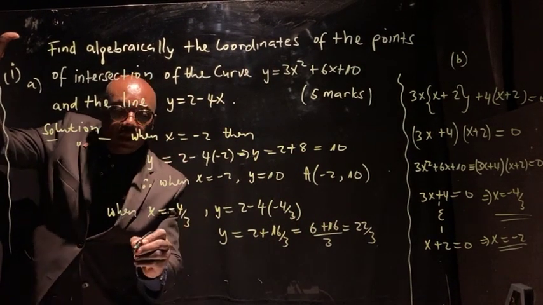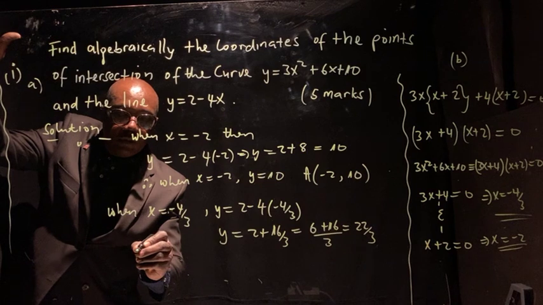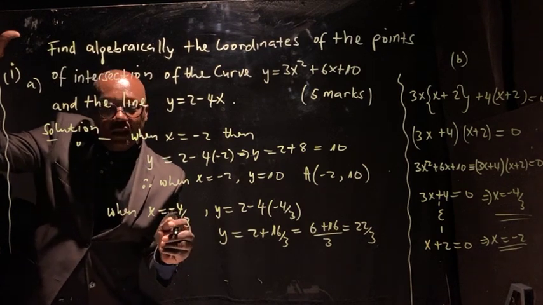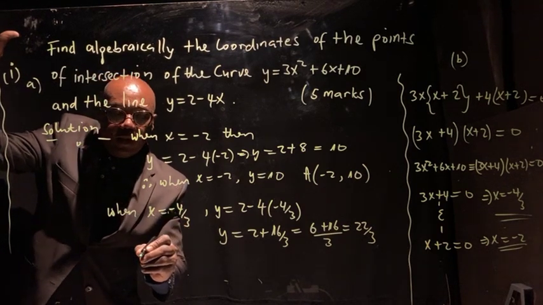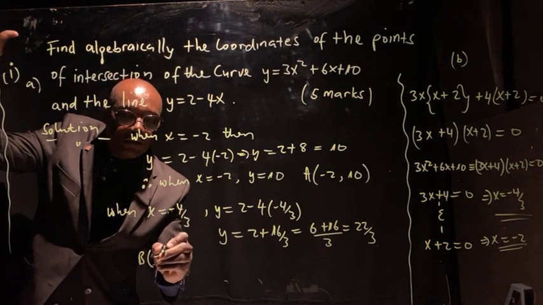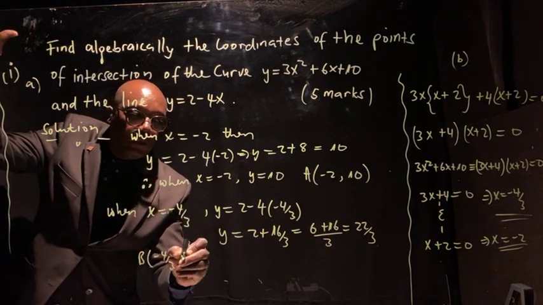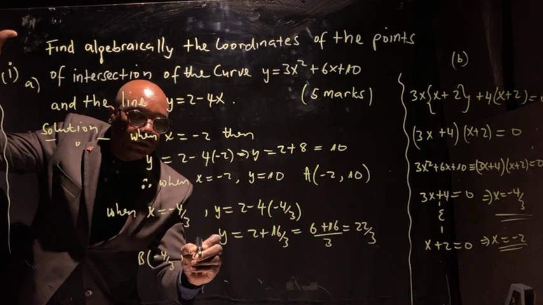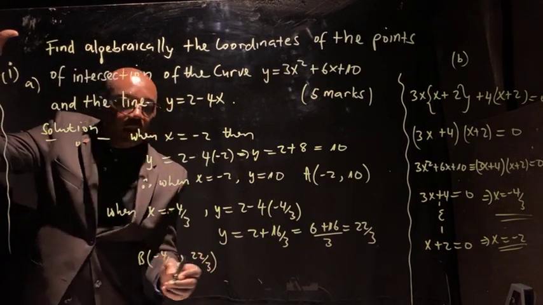Therefore, the second coordinates of intersection, we call it B. When x equals minus 4 over 3, then y equals 22 over 3.